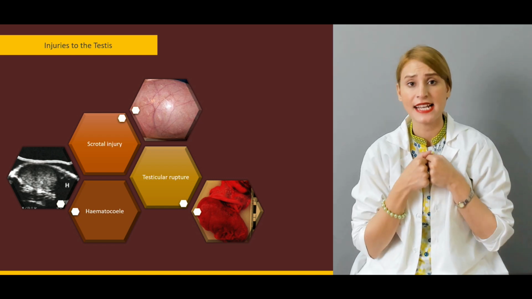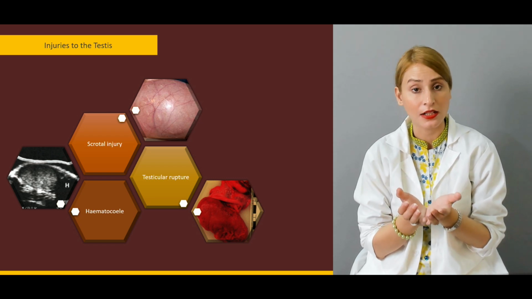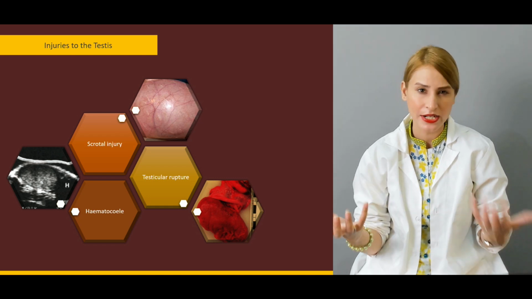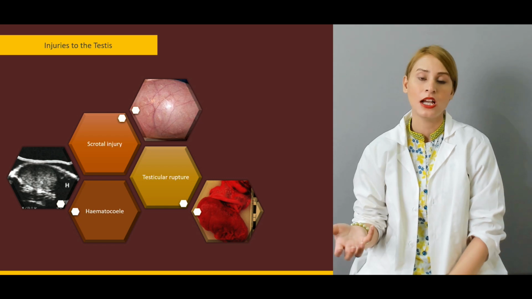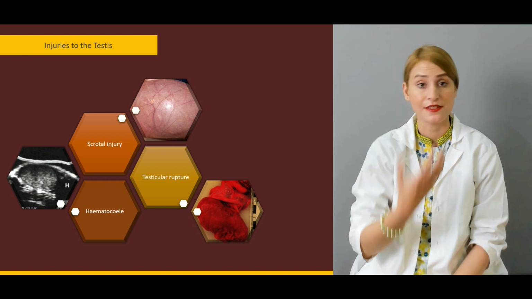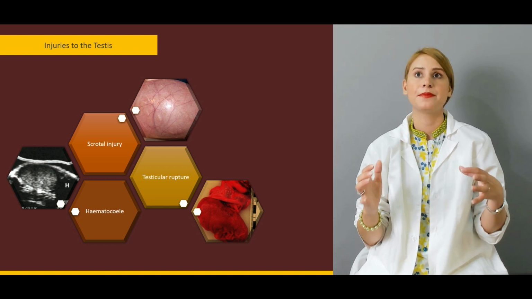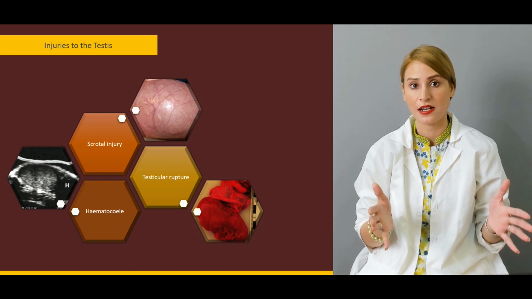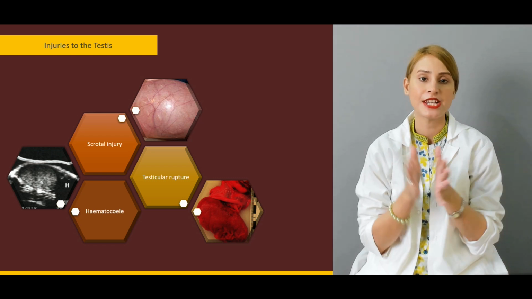Whenever you're examining the patient, you have to see if there's redness, swelling, and how painful or tender the scrotum is to touch. Because the presentation of injuries to the testes is similar to epididymo-orchitis. So you have to differentiate.